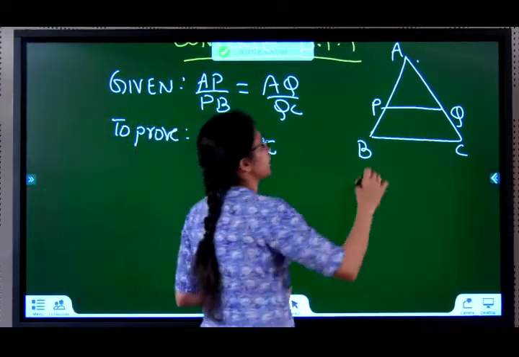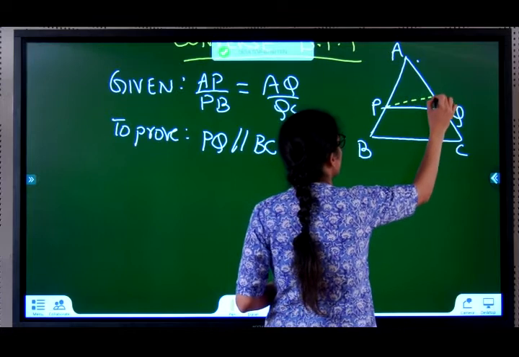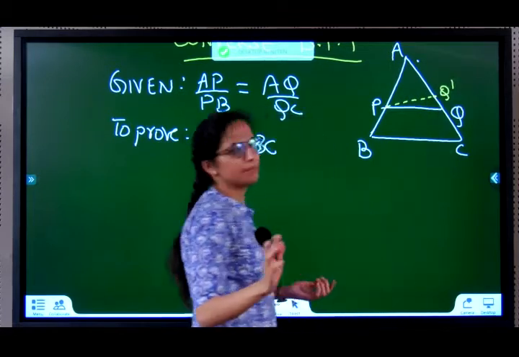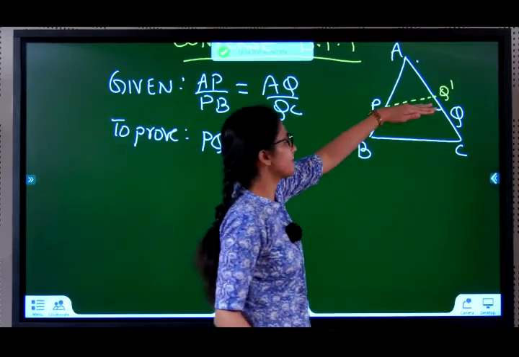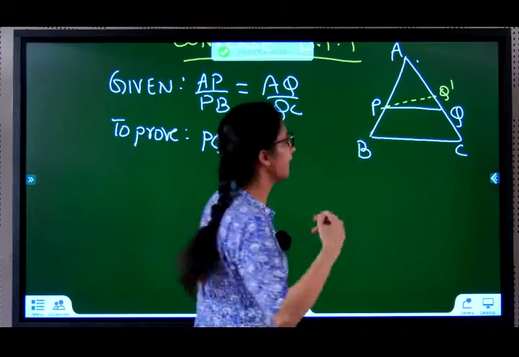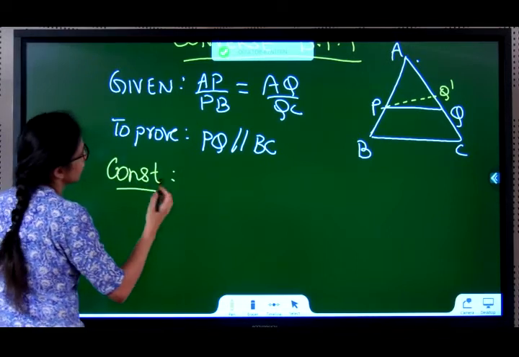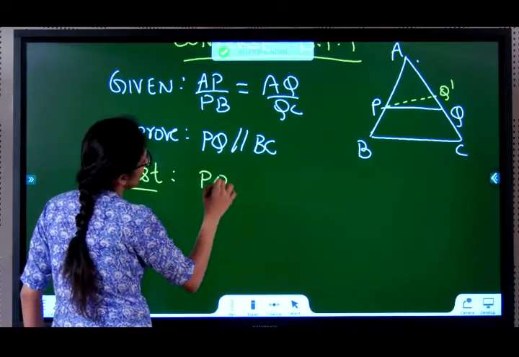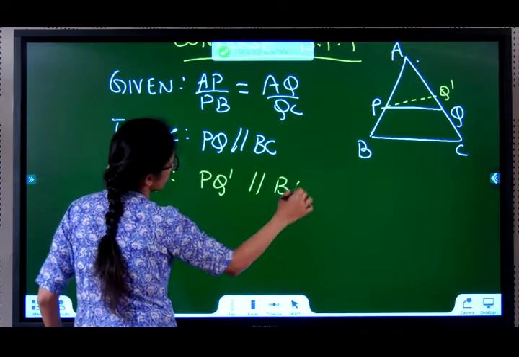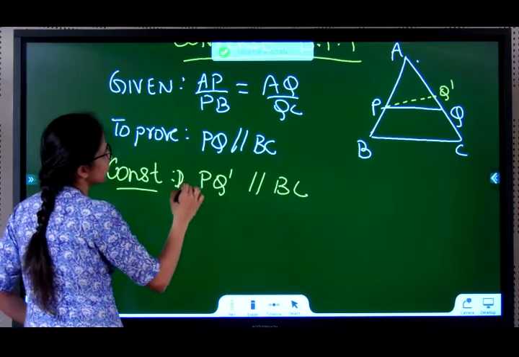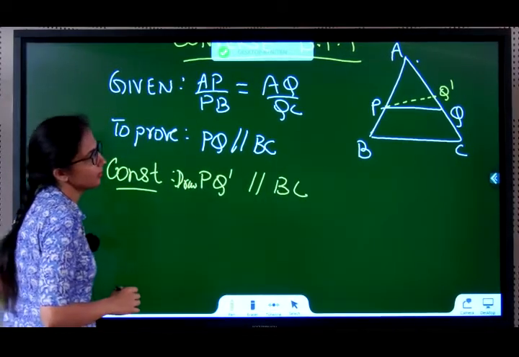So let's just construct some line PQ dash that is parallel to BC. We don't know if PQ is parallel to BC, so we construct some line PQ dash parallel to BC.